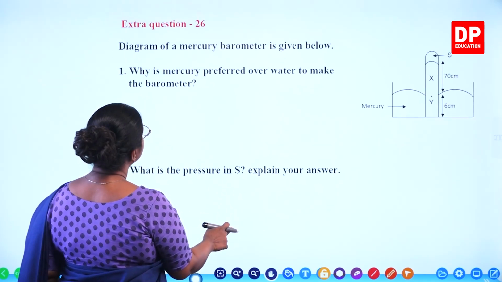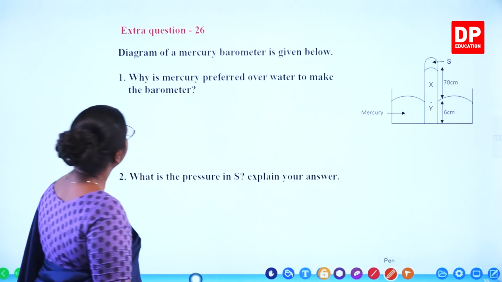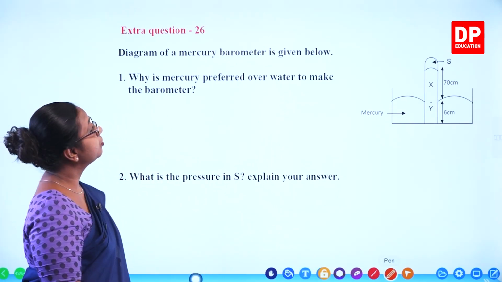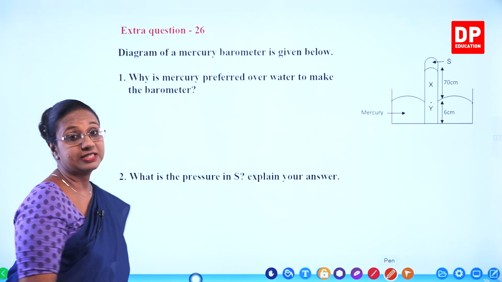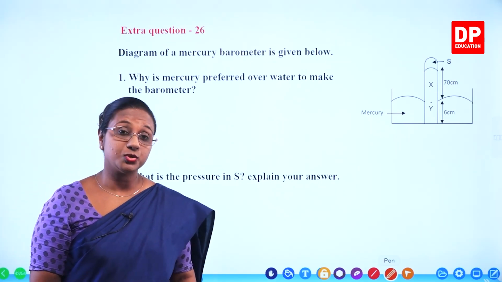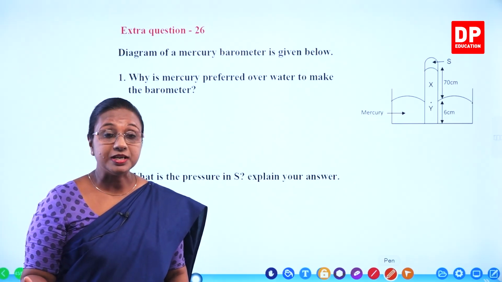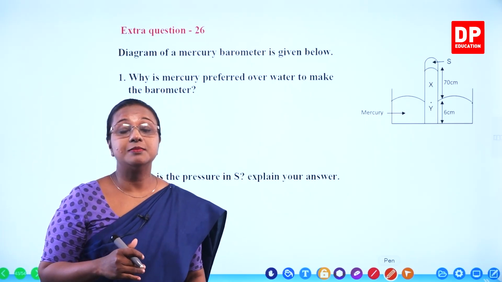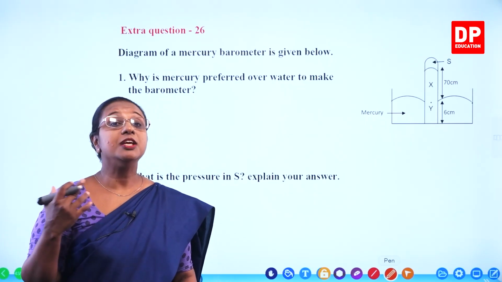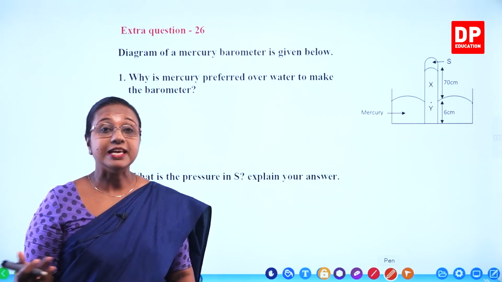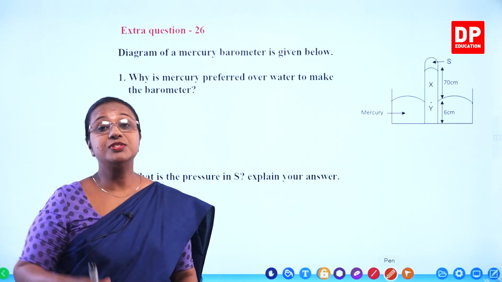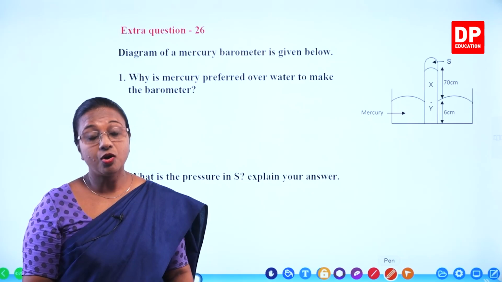So, coming to the first question. Why is mercury preferred over water to make the barometer? We have discussed that before also. If you use mercury, you need a tube that is about 1 meter in length. But if you use water, you will need a glass tube of almost 11 meters in height or length.